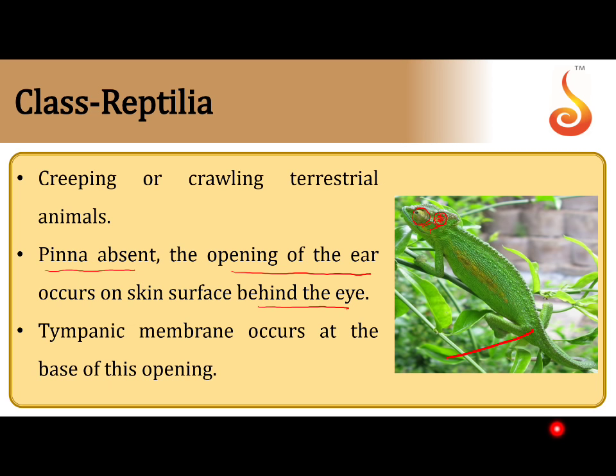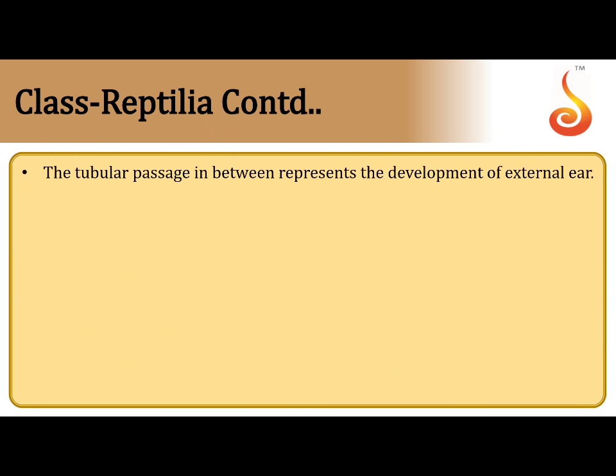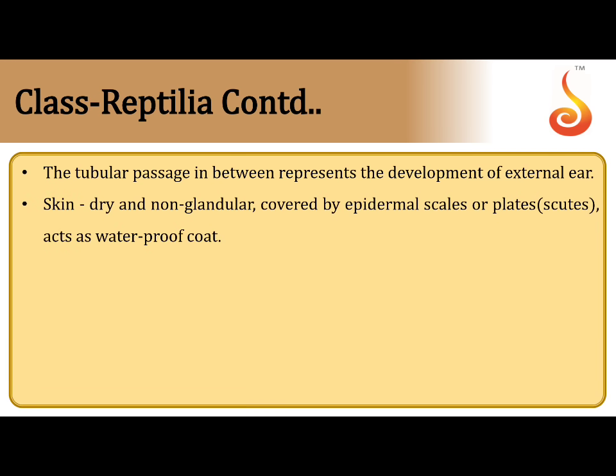But the most characteristic feature in mammals is pinna. This pinna is yet absent. The tubular passage in between represents the development of external ear. So, it is still in the process of evolution.